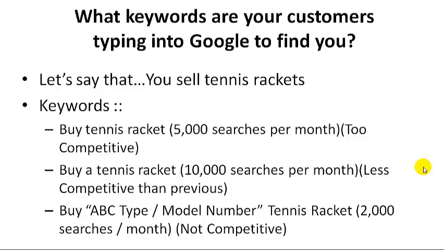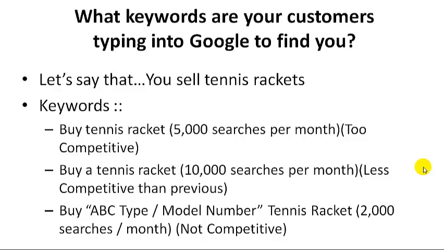Now, going back to this example, if I'm selling a certain model number and a certain type of tennis racket, then it would make more sense for me to go after a keyword that says buy ABC type or some sort of model number tennis racket. Let's say I do some keyword research, and it shows that only 2,000 potential customers are searching each month.